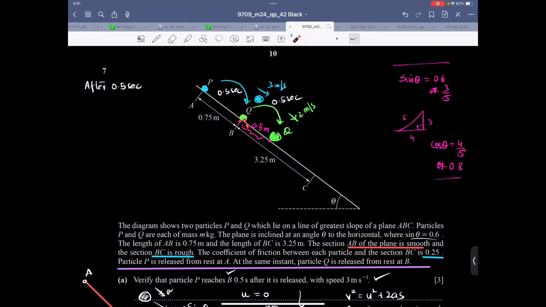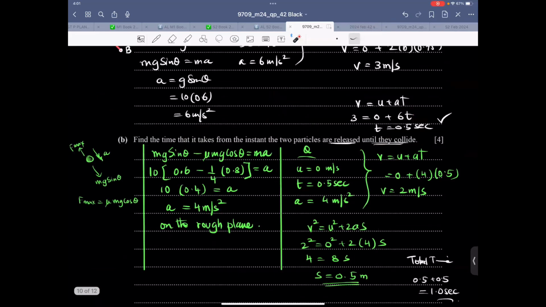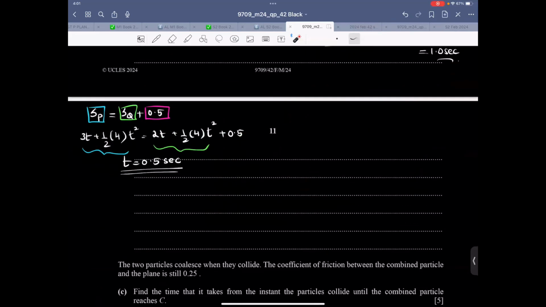So now, first of all, they are 0.5 meter apart. Now we have to see where they collide, how much further distance they have covered from the perspective of P or from the perspective of Q. So it takes another 0.5 seconds.